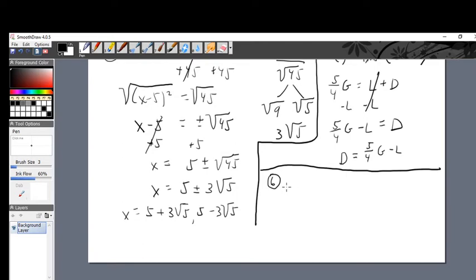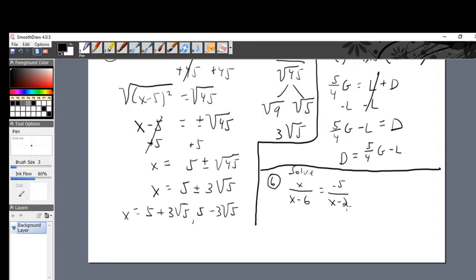Problem number 6 looks like this. It says solve. That's again a story of solve. You're going to see X's in there, or maybe a W, or a U, or an R, or an S, whatever they put in here. I happen to like using X. X over X minus 6 is equal to minus 5 over X minus 12.